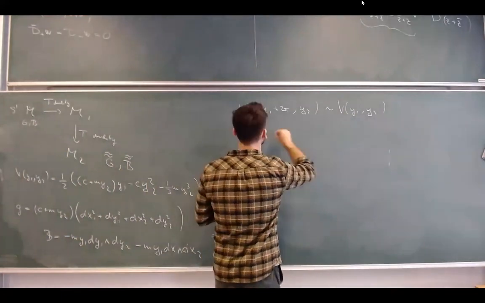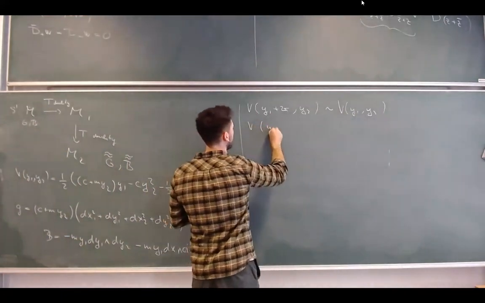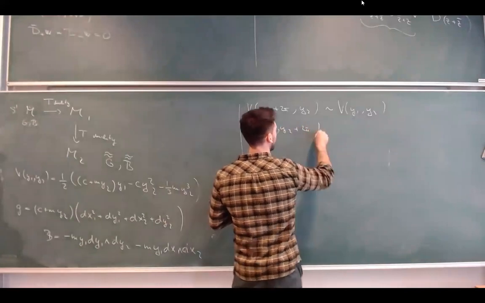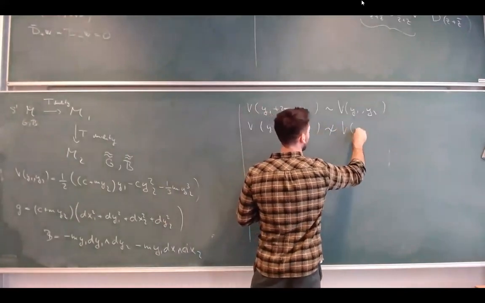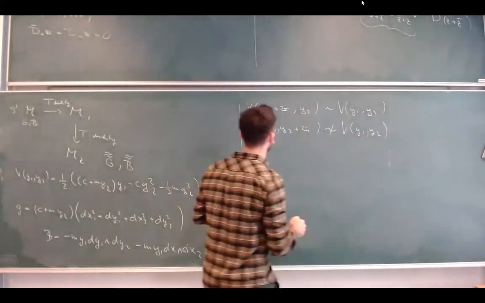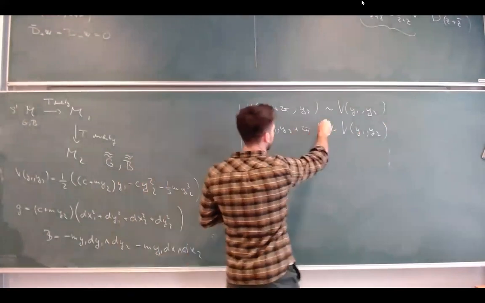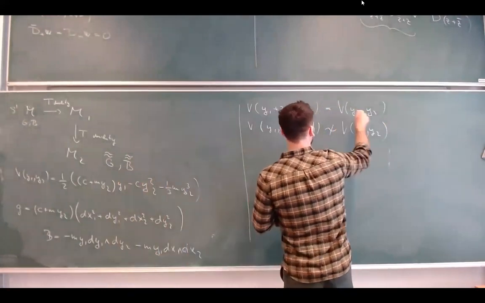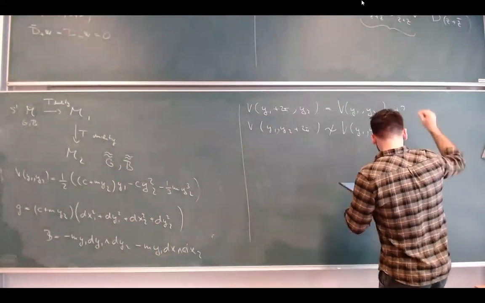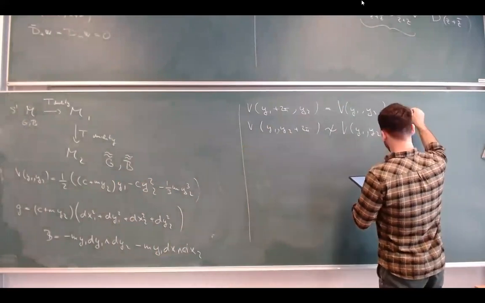So yeah, this one is not congruent. By that I mean this is this plus 2 pi.